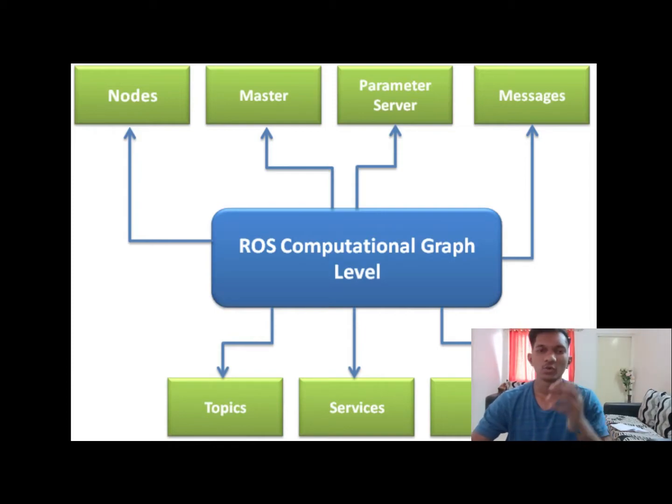So what are the nodes? Nodes are nothing but the scripts we write, and they communicate between each other. Nodes can be a sensor, an actuator, or any other thing which is connected to our robot. Just take an example that it is an IMU sensor, inertial measurement unit.